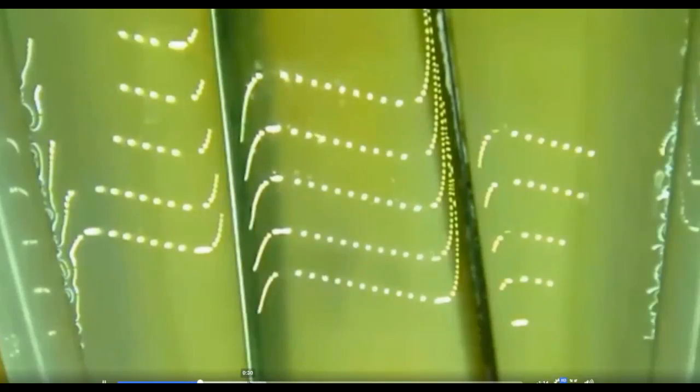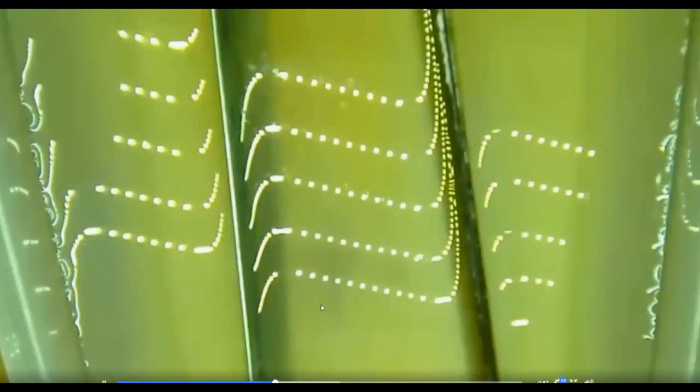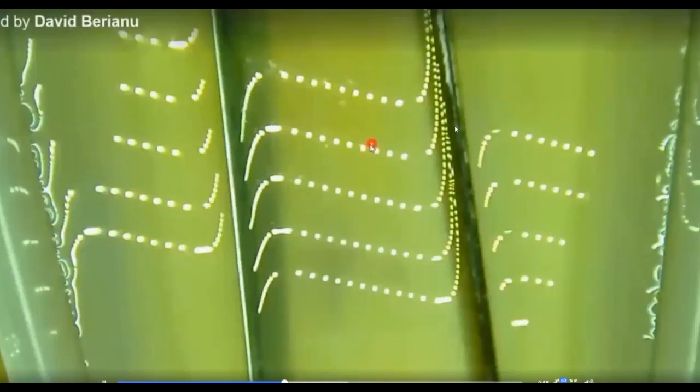We had a knowledge seeker from Romania, Mr. David Berianu, who made a time-lapse video. He took a picture every 20 seconds, and then he put them together at 25 frames per second. Watch here what happens between the nano-coated plate on the right and the zinc plate on the left. Watch the particles.